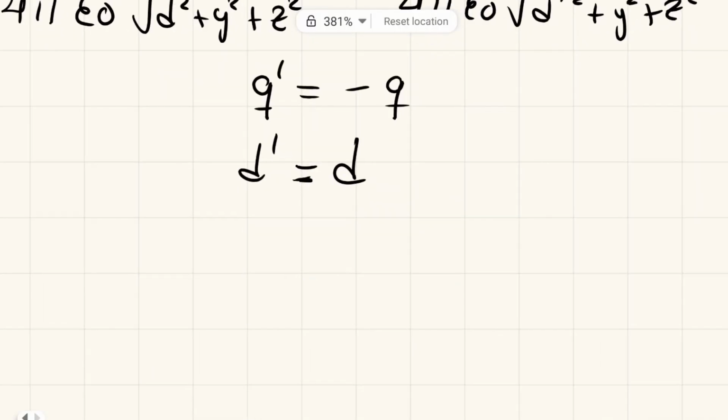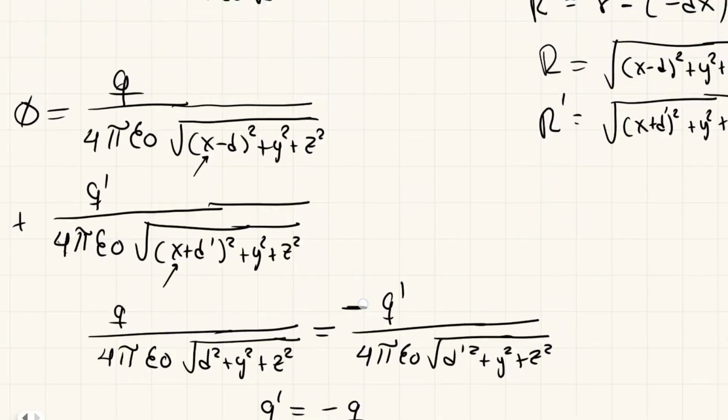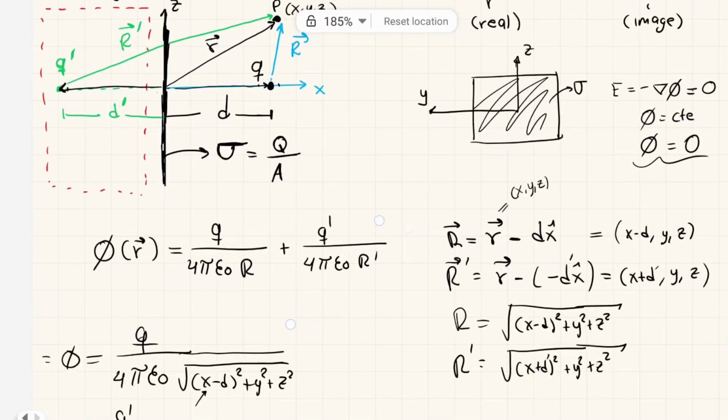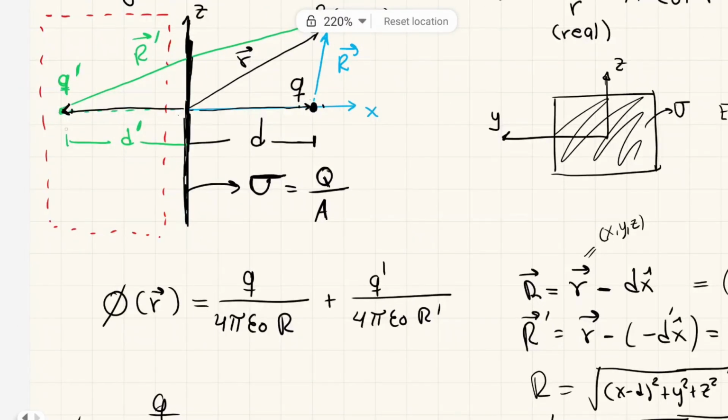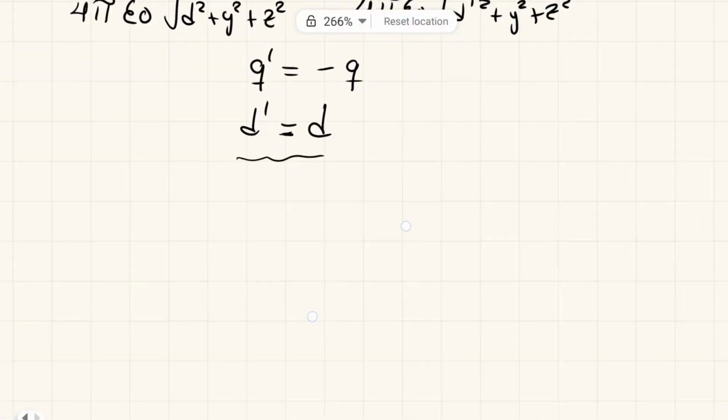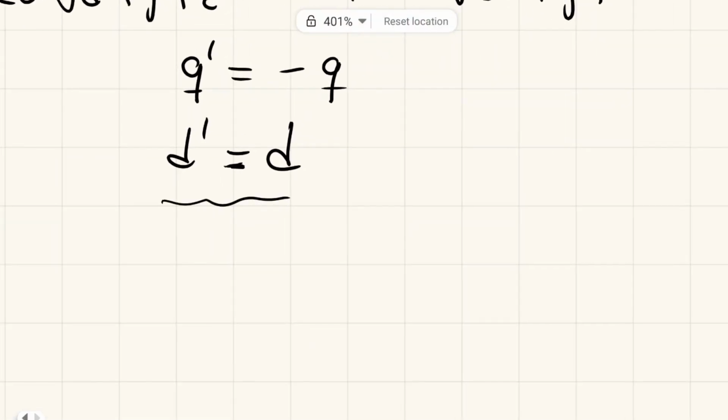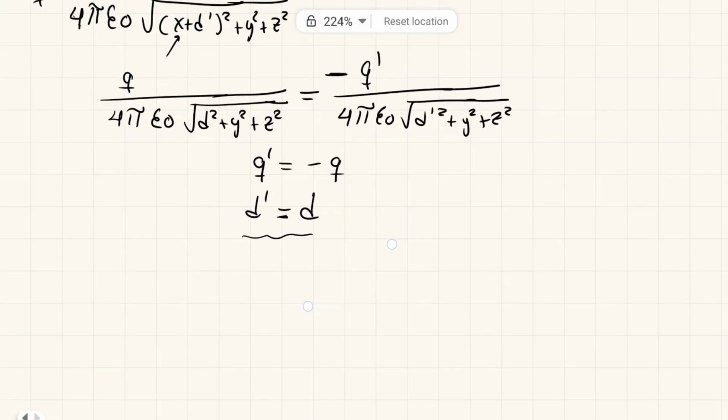Okay, so look, d prime is equal to d. That means that we have kind of a mirror effect on the system because it is far away at the same distance that Q is. So that's why this method is called the image method, because it is like watching the charge in a mirror, for example.